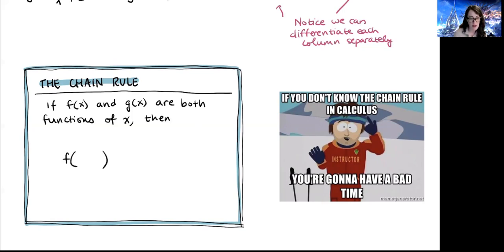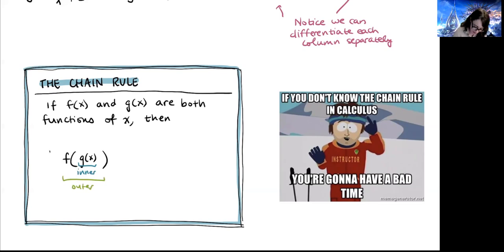So into f of x, we're going to put the input g of x. So it's f of g of x. So the input into f is the g of x. So in other words, here, the g of x is the inner function. And the outer function is the f of x.